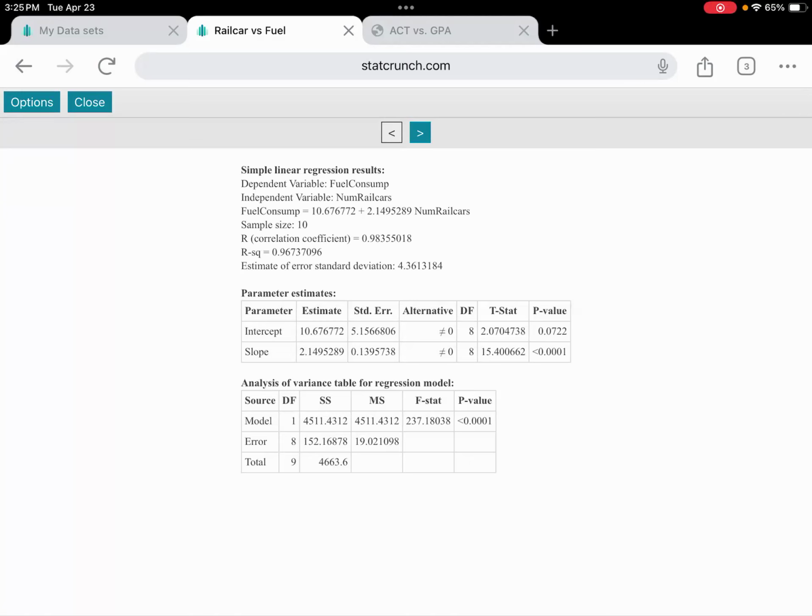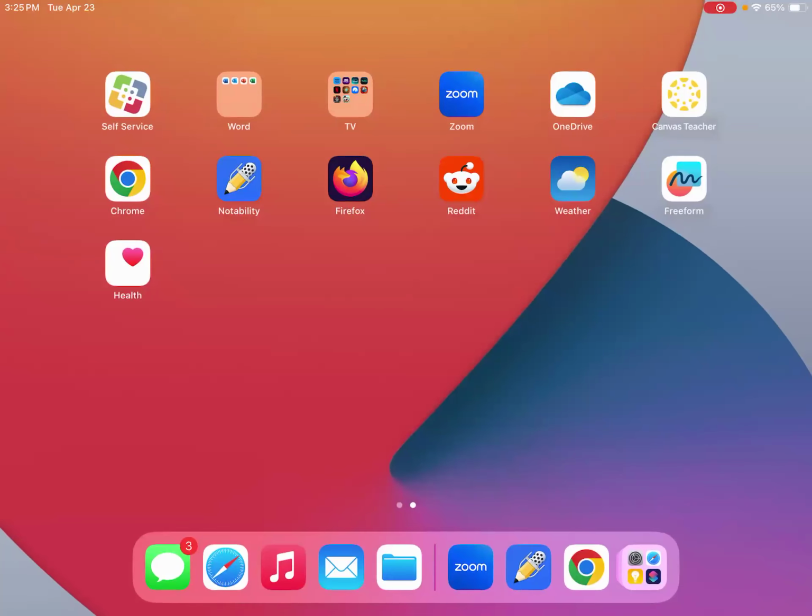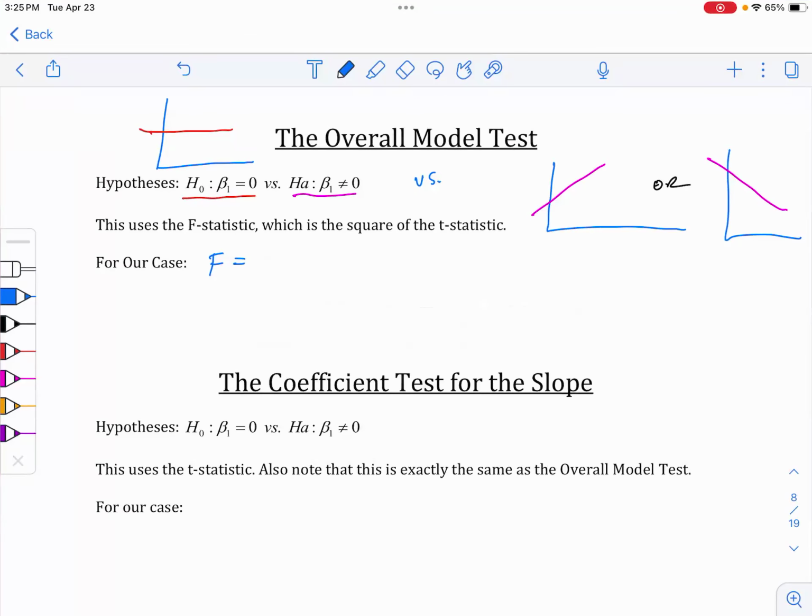And again, all that's going to be given. The F statistic is a new test statistic, but it's one that we're actually kind of familiar with. We're going to talk about that in just 2 seconds.